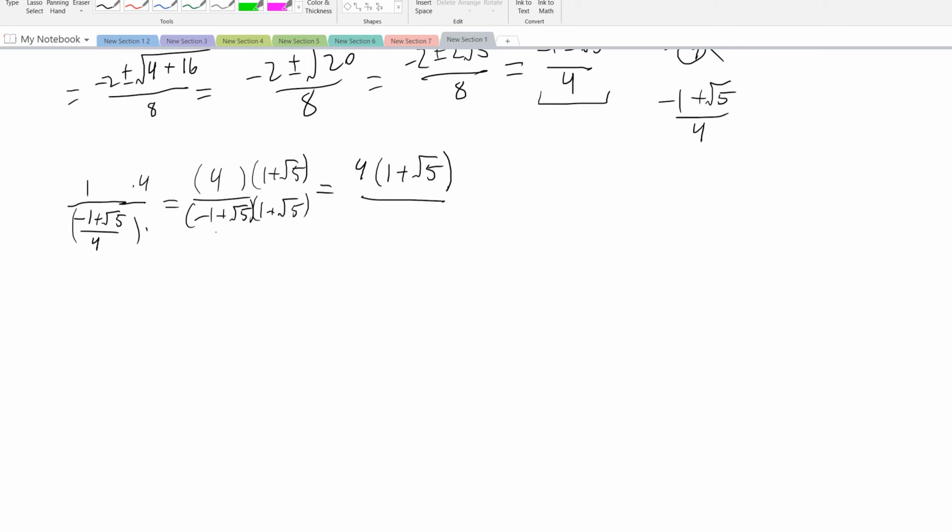Our denominator, let's go ahead and FOIL this out. So we've got negative 1 plus the square root of 5 minus the square root of 5, and then plus the square root of 5 squared. Now this quantity is just 5. These two, if I add them together, I get 0. So the denominator becomes 4.